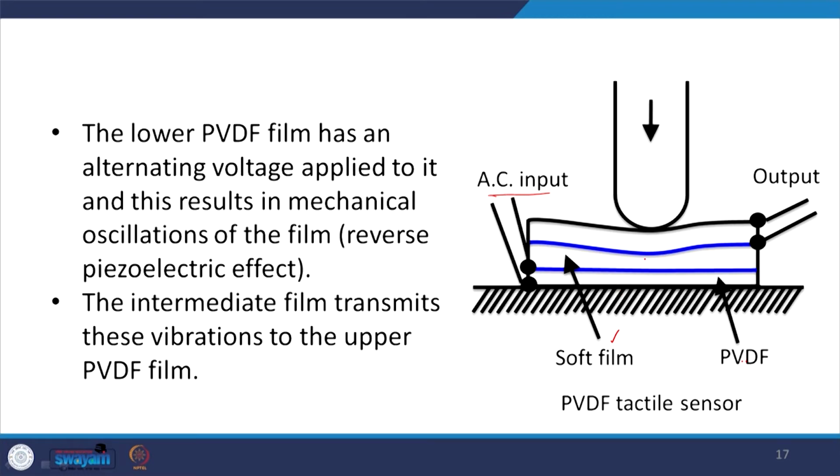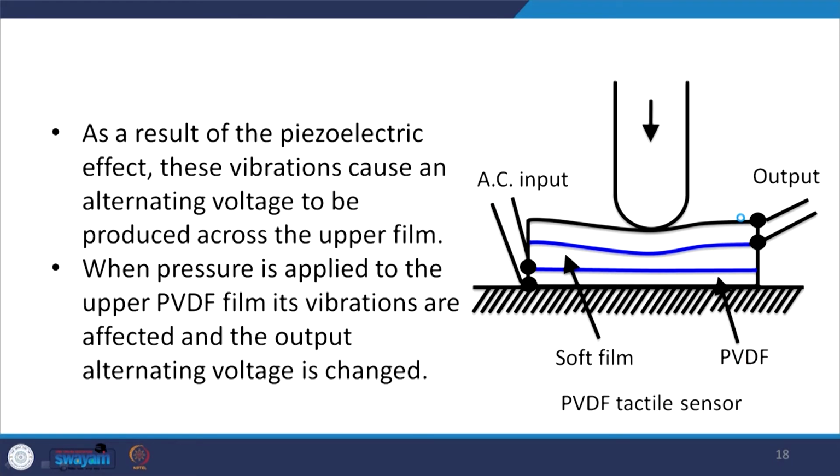The intermediate film transmits this vibration to the upper PVDF film, and as a result of the piezoelectric effect, these vibrations cause an alternating voltage to be produced across the upper film.